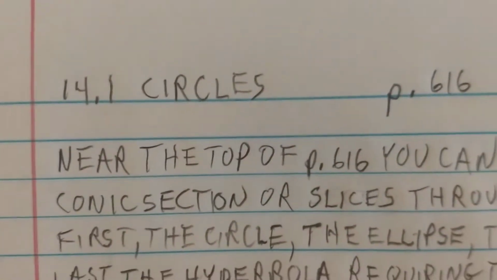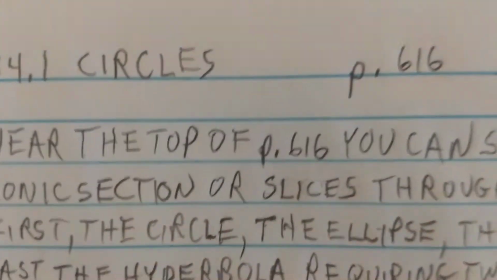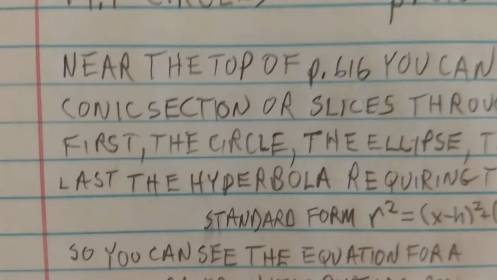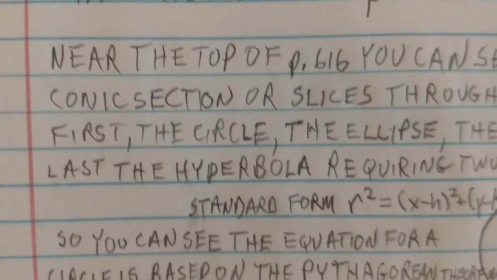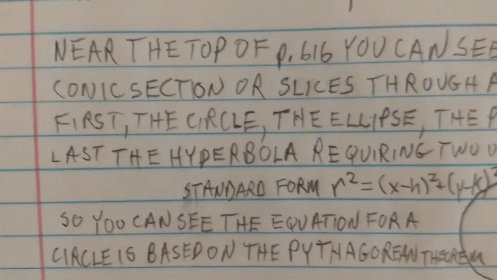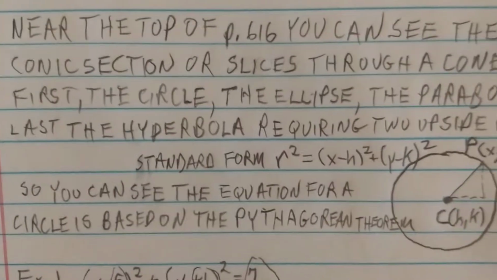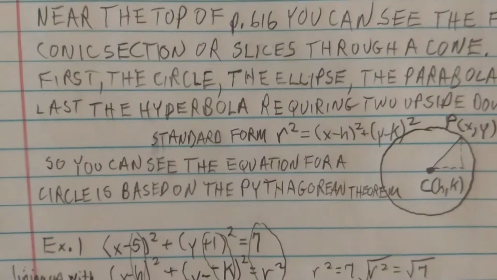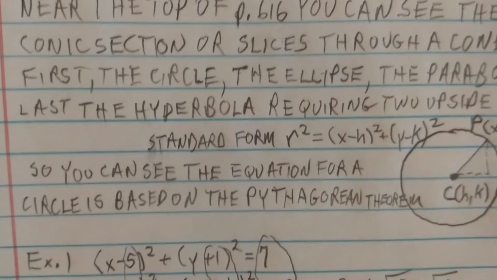So now we start on our last chapter, 14.1 on circles, and it's on page 616. Now this is all a part of what we call conic sections, or slices through a cone. So look near the top of page 616 and you can see the conic sections, or slices through the cone. First the circle, which is parallel to the base of the cone, just a slice through it.